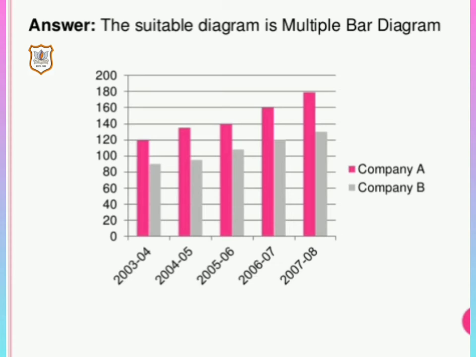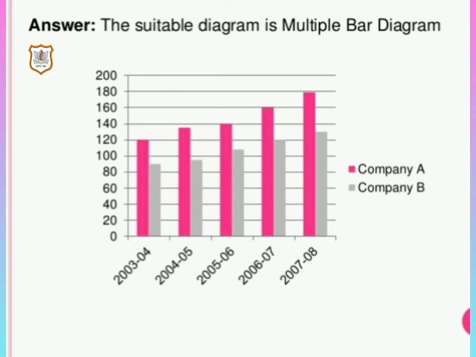So company A is represented in pink color, that is drawn just below 140, that represents 135, and the grey bar that represents company B is drawn in between 80 and 100, just below 100, that represents 95. So 135 and 95 are marked here.